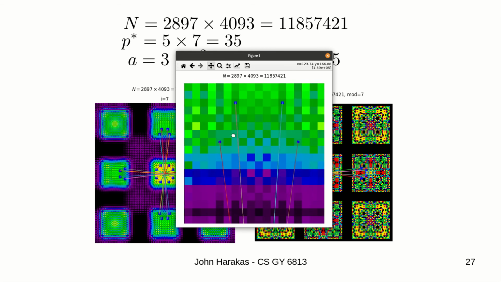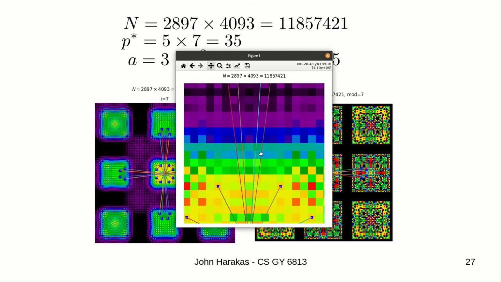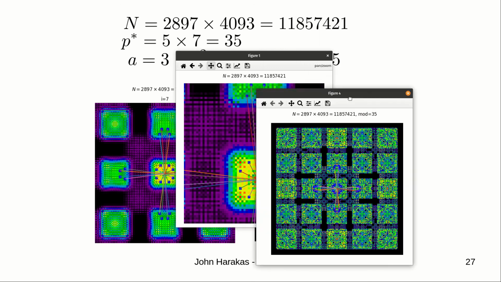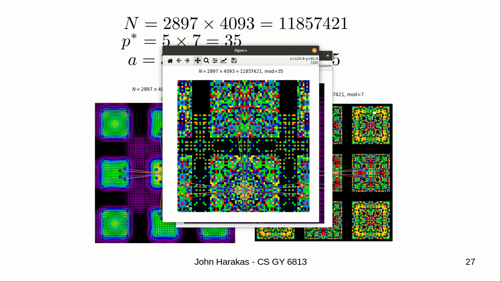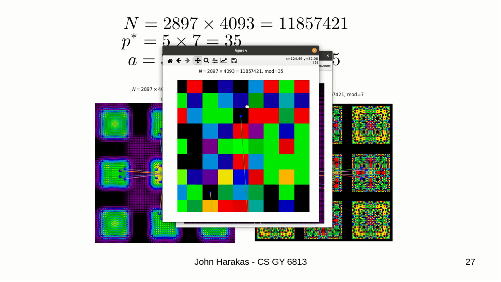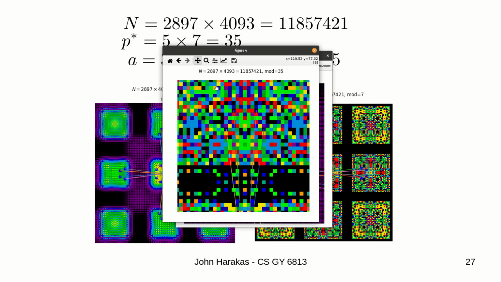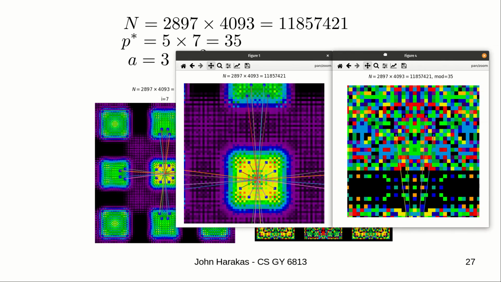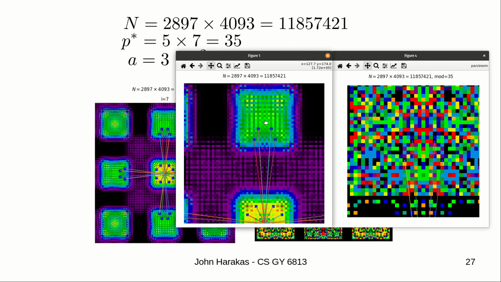However, this doesn't really tell us that much because none of them are 0. And that's where we come in, mod 35, which is our basis. And you start to see all of these get mapped to 0. And we have an otherwise very dense region. So it's not that hard to tell where these prime factors are, especially in relation to the center.